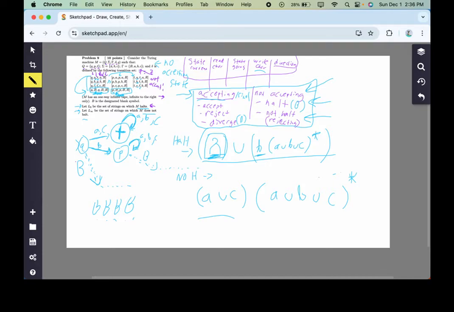Now, I just see people are asking questions. This problem is not accepting. If the question gave you a final state, like F equals Z, that tells you that getting to this state is your accepting state.